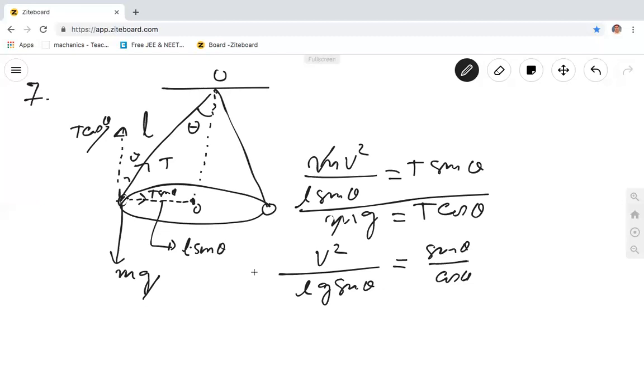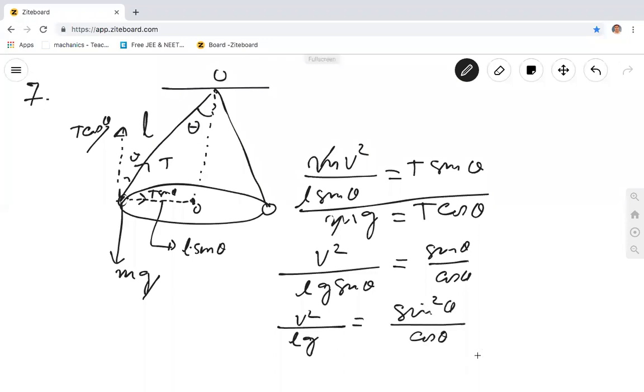I will explain how I will find theta in this case. That I will tell you in a few moments. Now, it is V square by LG is equal to sin square theta by cos theta.